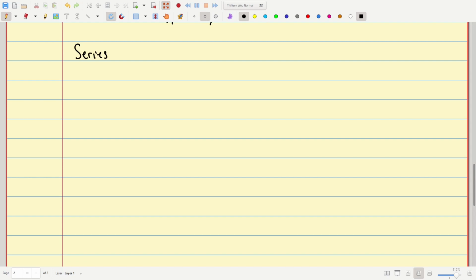So let us now talk about series. Let's imagine that we have a series that is going to be represented by this sequence S sub n. We call this a sequence of partial sums. The idea is that it looks like this.